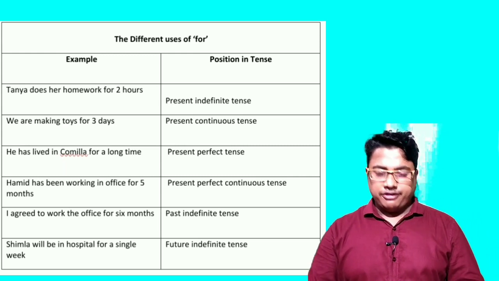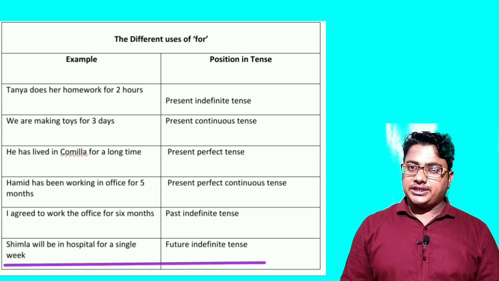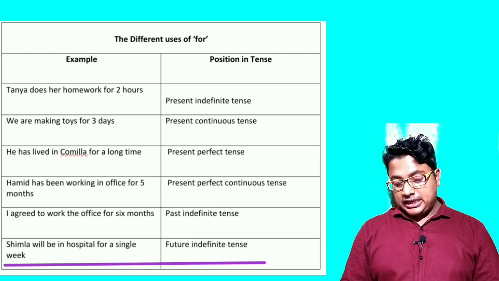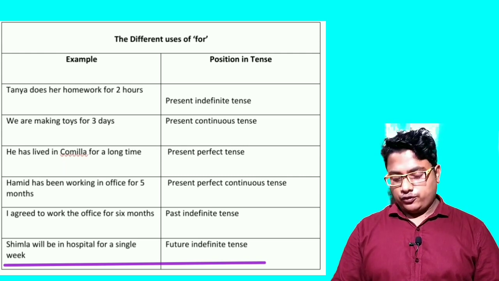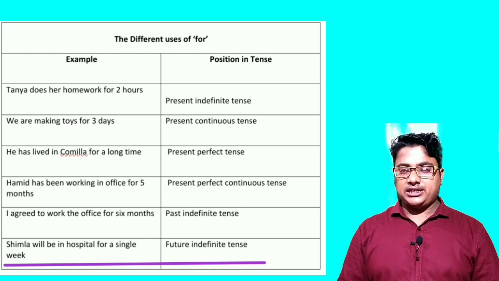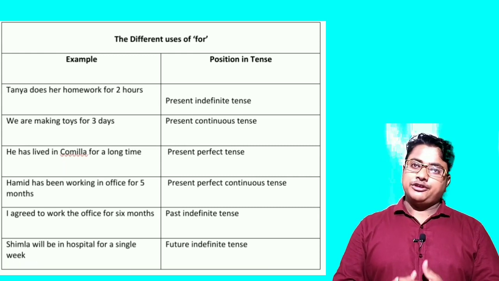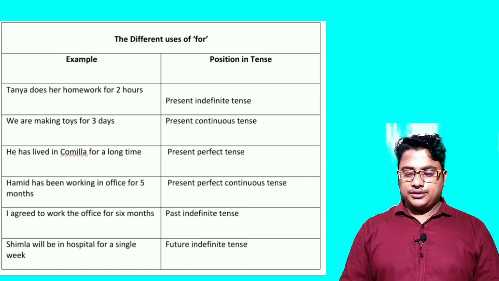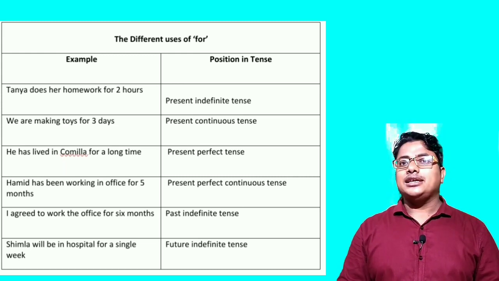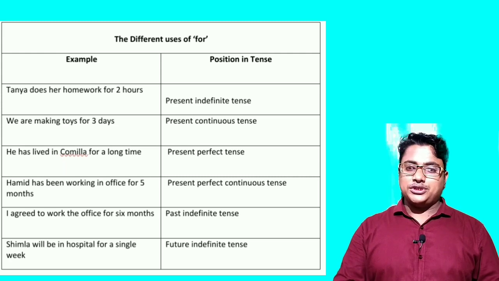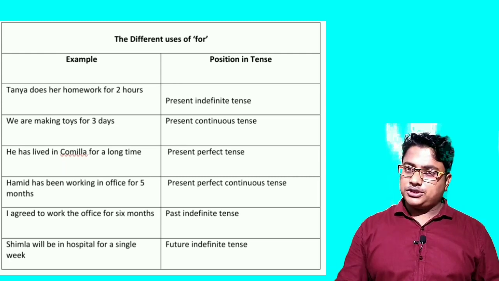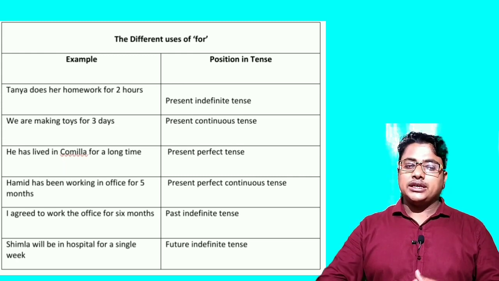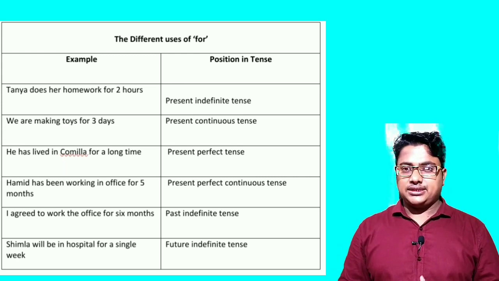Here we use for in past tense, and then Shima will be in hospital for a single week. Here we use for in future indefinite. So we can easily see that for, the preposition, can be used with every tense.